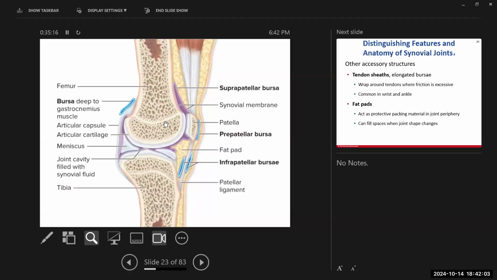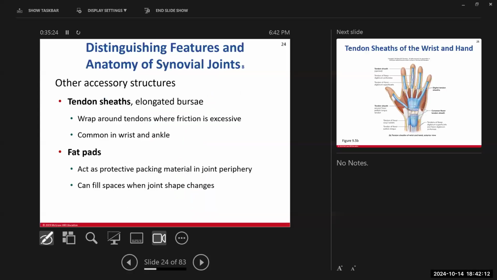Think of any joint that has quite a bit of mobility, and you'll have bursa all over the place. Then we've got our tendon sheaths and fat pads. Again, a lot of stresses are occurring at these joints, so we want to minimize these joints.